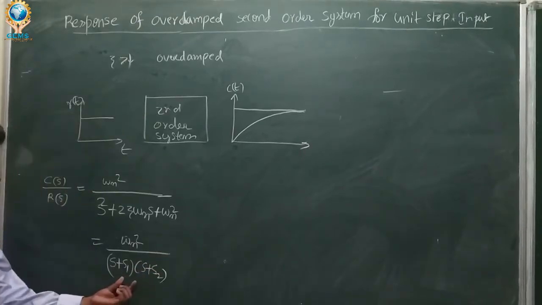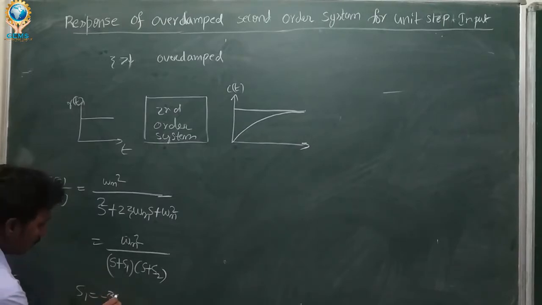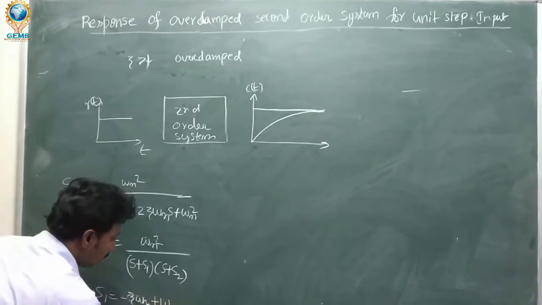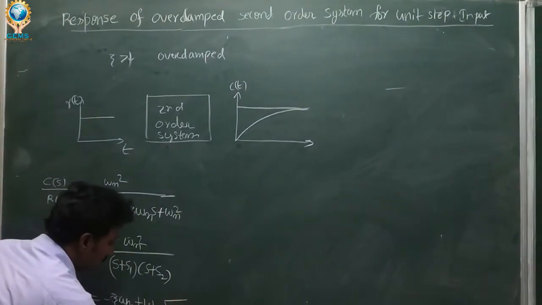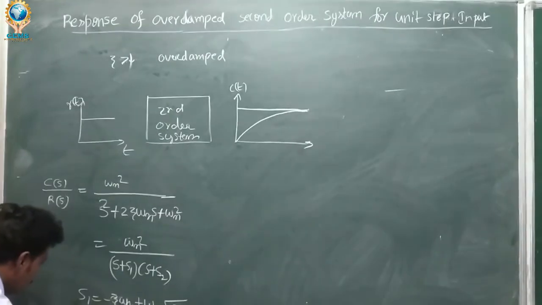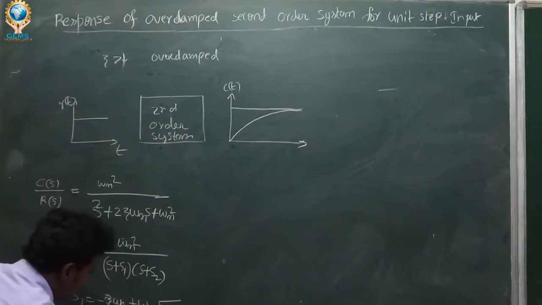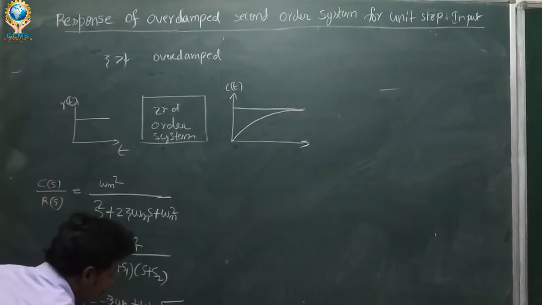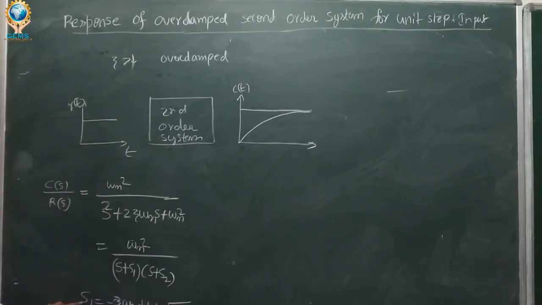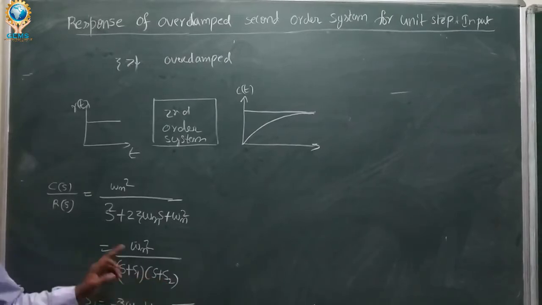Here S1 is equal to minus damping ratio omega n plus omega n root zeta square minus 1. S2 is equal to minus zeta omega n minus omega n root zeta square minus 1. So S1 is equal to this equation and S2 is equal to this root, right?